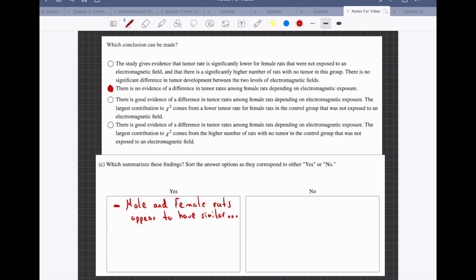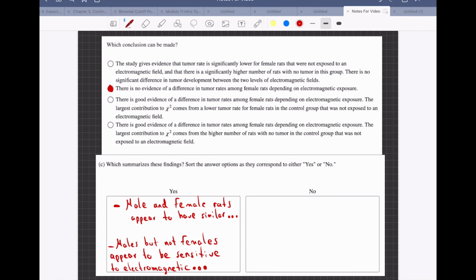But with this, you can identify it. The other one is males, but not females, appear to be sensitive to electromagnetic, and then with this you can identify it, and it continues, all right?